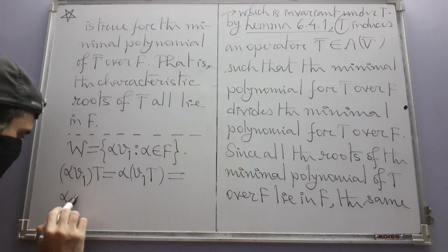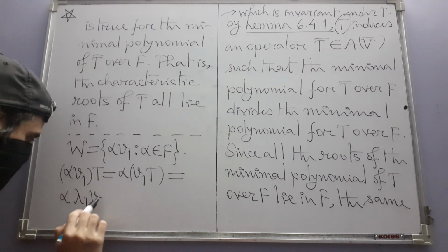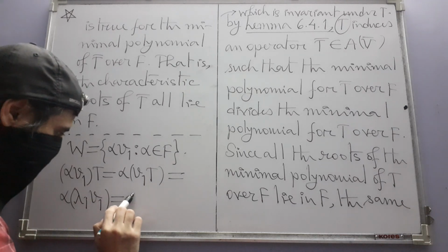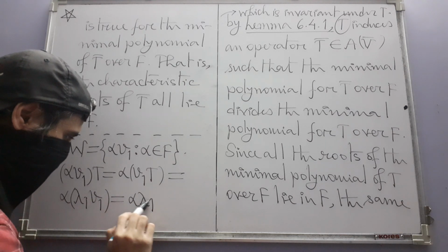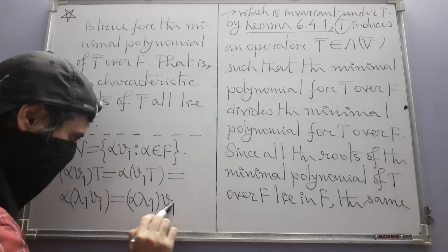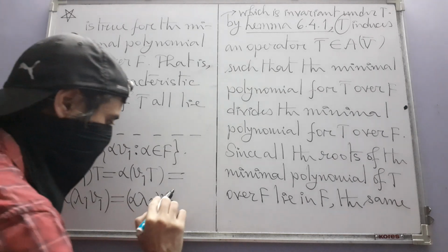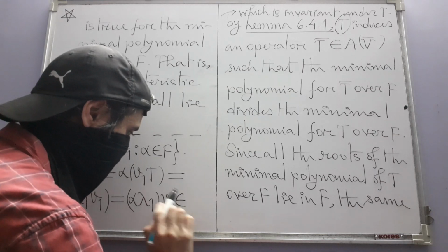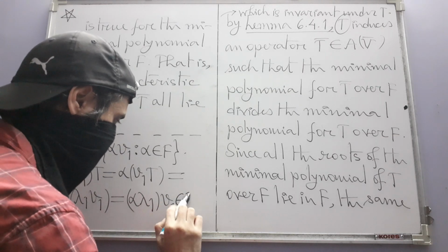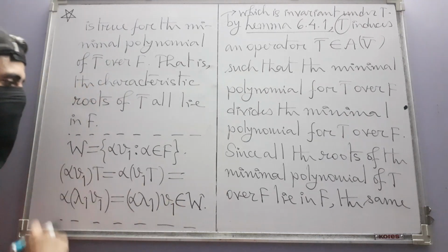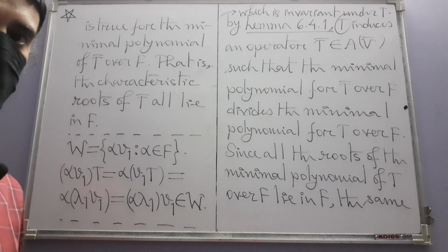So this is lambda 1 V1, and this is equal to alpha times lambda 1 V1 using one of the axioms of vector space. And this clearly again is a multiple of V1. So this belongs to W. And that's how W is invariant under T.